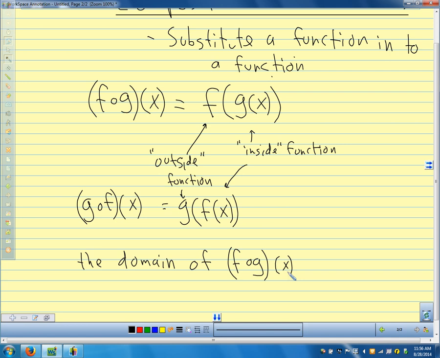When we're talking about domain, we're talking about the x values. The domain is the x values. What are we allowed to put in the function?